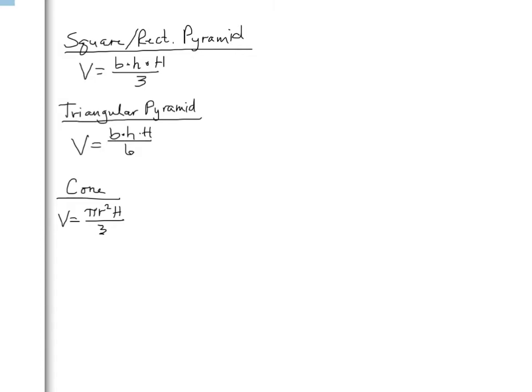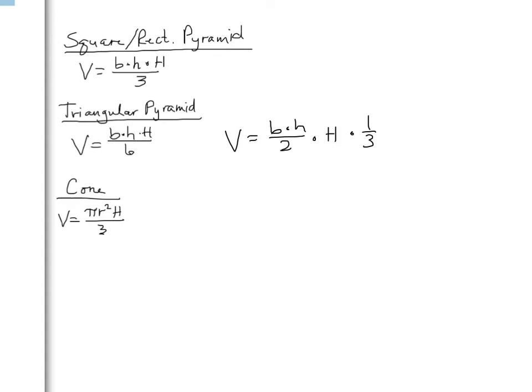If I took a triangular prism, I would have base times height divided by 2. Well, when I take the volume of a pyramid, I take the area of the triangle, which is the area of the base, times the height, and then we're going to take it times 1/3.